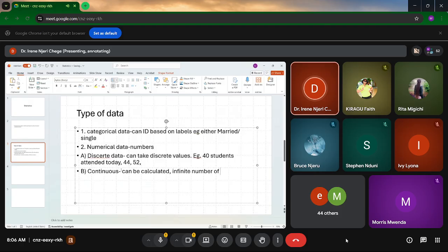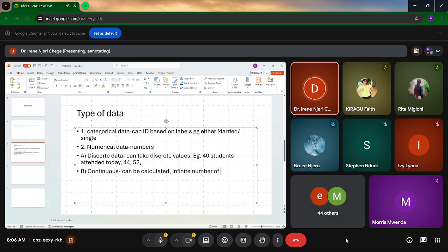So in discrete data, the values cannot be subdivided. You can count them. But in continuous data, the data can be calculated. The value can be counted but cannot be measured. So those are the two types of data.